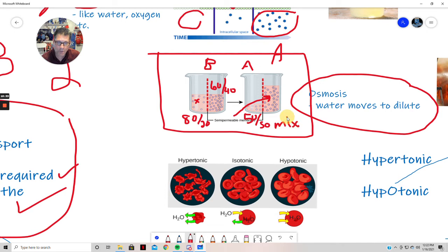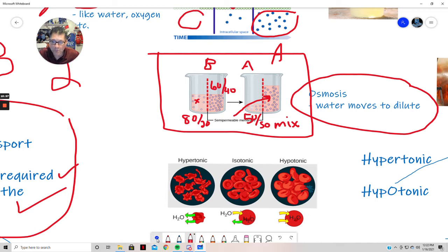Concentration amounts. Okay, 50% water, 50% solute, 50% water, 50% solute. And that is the purpose of osmosis. Moving water, not for the sake of moving water, but for the sake of equalizing or making the mixtures, the concentrations amounts, the same. Okay, it wants that balance.